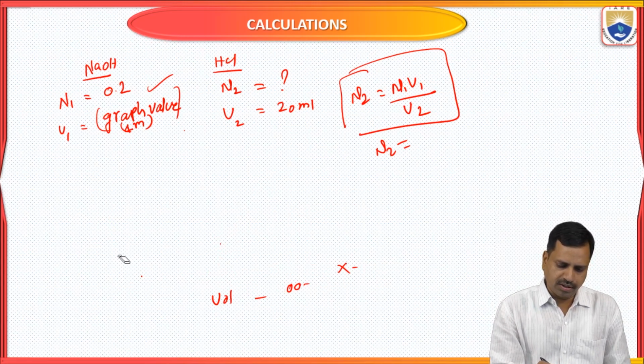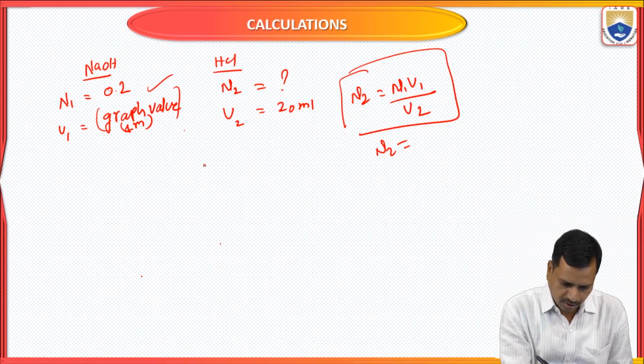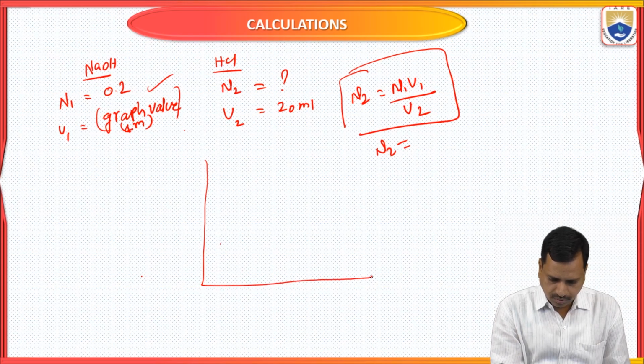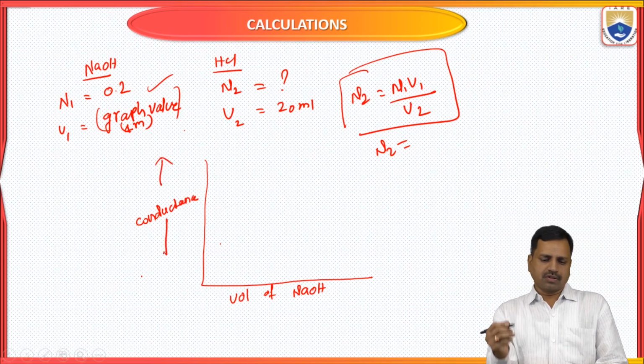Another important thing: when you are plotting a graph, we have to follow certain rules. Volume of NaOH on the x-axis and conductance on the y-axis.